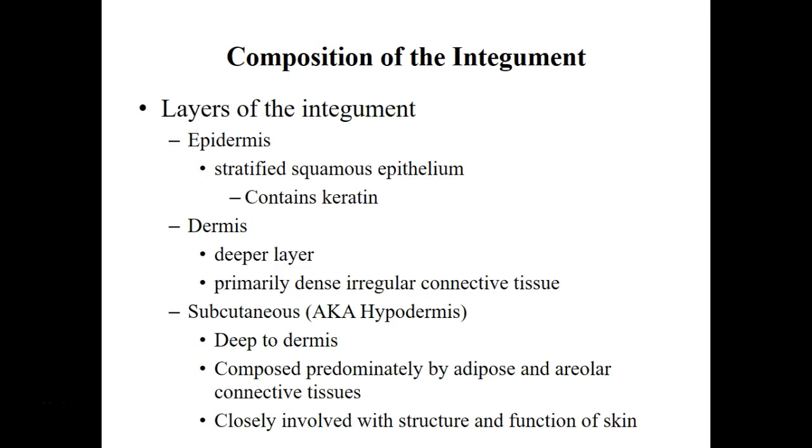The dermis is composed of areolar connective tissue and dense irregular connective tissue. The subcutaneous region, which is the deepest region that connects the skin to underlying organs, is composed of adipose connective tissue and areolar connective tissue.